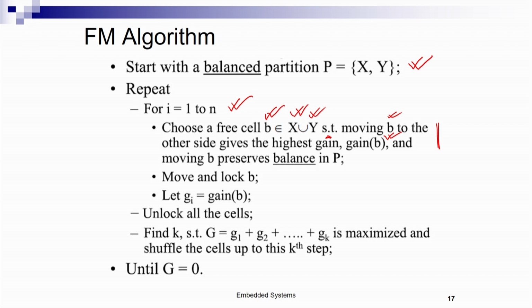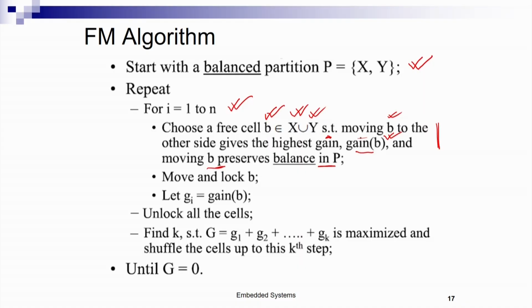So, I choose a free module B belonging to x union y such that moving B to the other side gives me the highest gain, and also moving B preserves the balance. After moving B, we have to see whether it preserves the balance that I require. For example, at least 70% of the nodes will be in software and at most 80% of the nodes will be in software. So, the total number of nodes in software should always be between 70 and 80%.